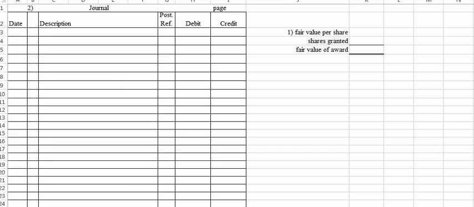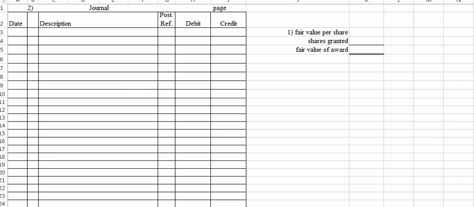Allied Paper Products Incorporated offers a restricted stock award plan to its vice presidents. On January 1, 2016, the company granted 16 million of its $1 par common shares, subject to forfeiture if employment is terminated within 2 years.